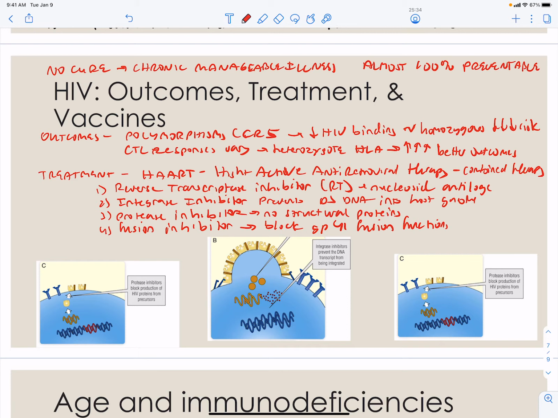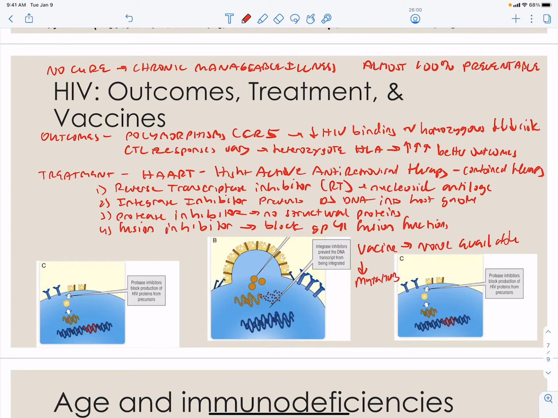And now with respect to a vaccine, there is no vaccine available. And one of the biggest problems is mutations. Many vaccines have been tested and tried, targeting B cells, targeting T cells, targeting both B and T cells.